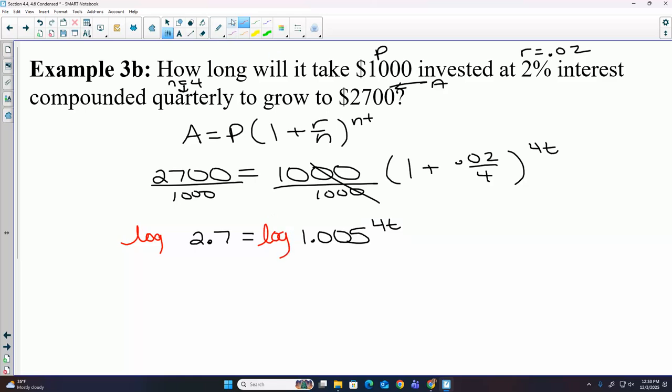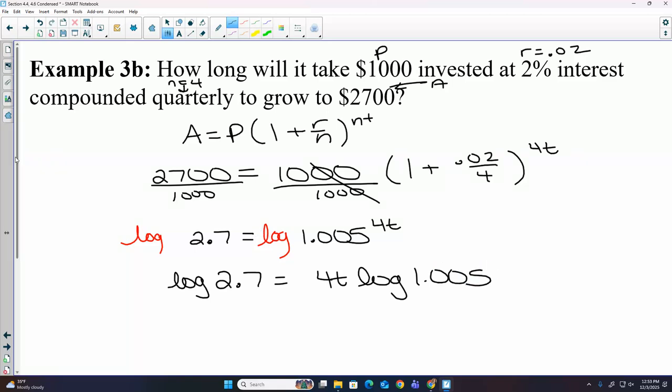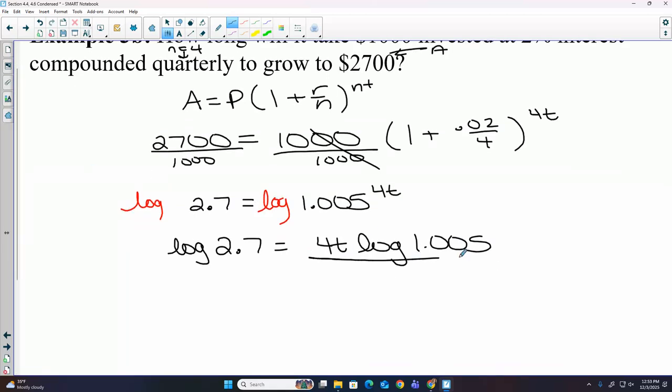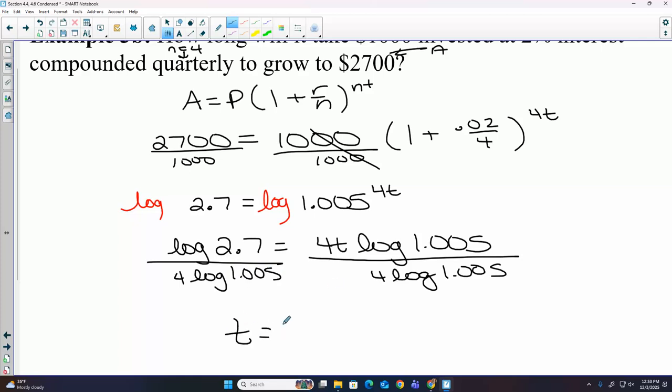You can do ln, there's no real benefit here since we don't have e's. But remember, properties of logs, the exponent comes down in front. So then if I want to get it by itself, I just have to divide by the 4 and the log 1.005. I put that in.